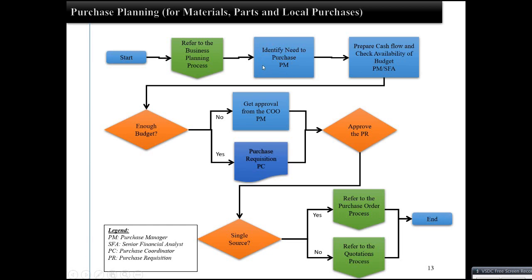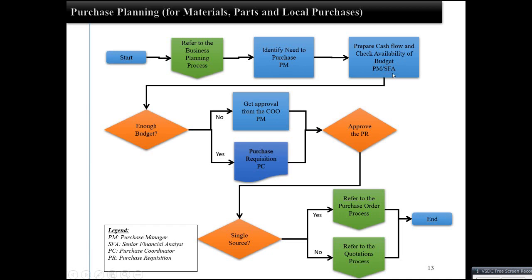Then the next step is to prepare cash flow and check availability of budget, done by the purchase manager PM and SFA. SFA is senior financial analyst. The financial analyst and purchase manager will think whether the cash is available for us, and according to the budget whether we will be able to purchase or not. So this is part of the planning they are doing right now.